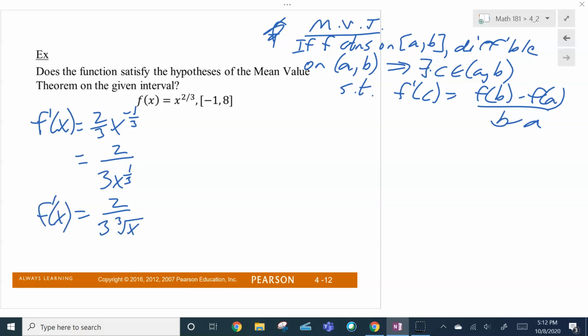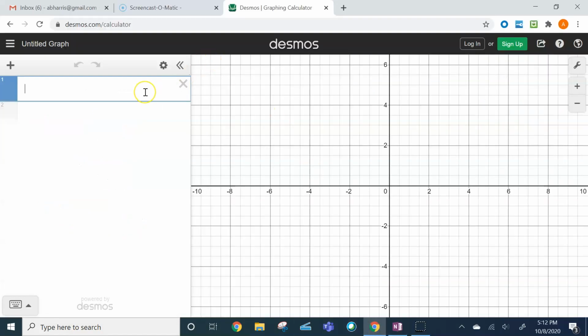Okay. So now the question is, is the function continuous over the interval from -1 to 8? In fact, let me show you a little graph of this thing.